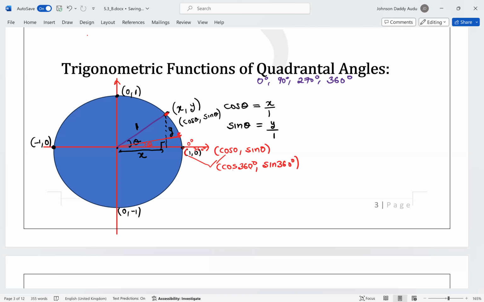Now, when you are up here, what will be your angle? Remember, this angle is going to be 90. So at this point, theta is 90. This point 0, 1 is equivalent to cosine 90 degrees and sine 90 degrees.